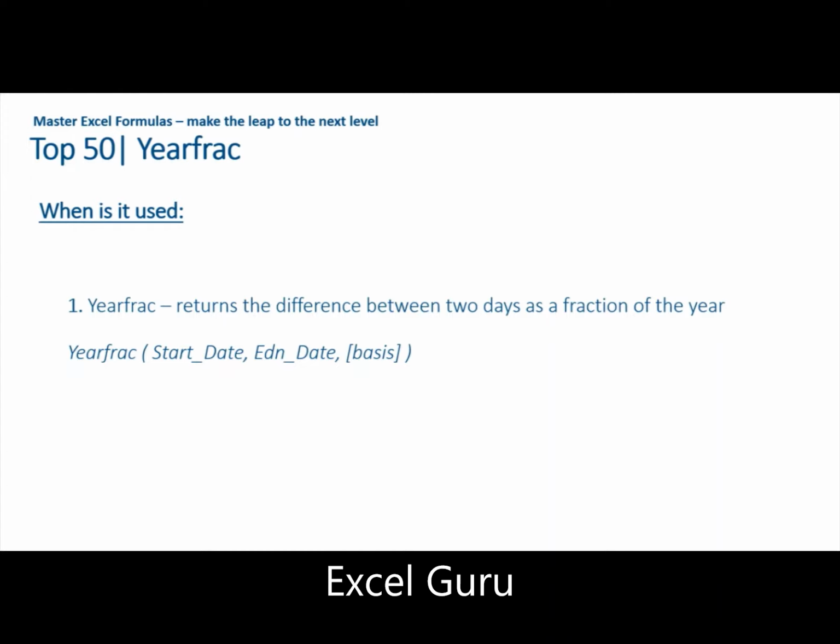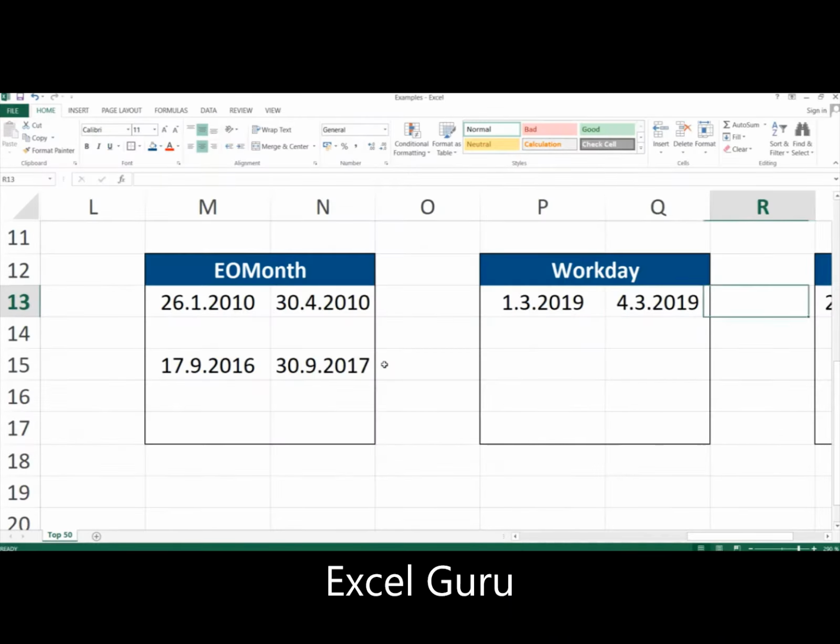I use this formula. What it does is purely return the difference between the 2 days as a fraction of the year. We have a start date, an end date, and then the basis as well, which is just an optional thing, but I'm going to show you that as well.